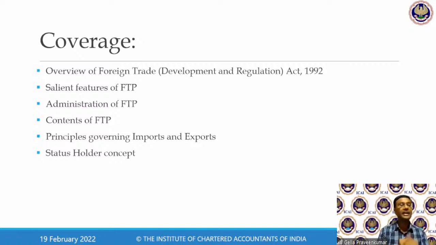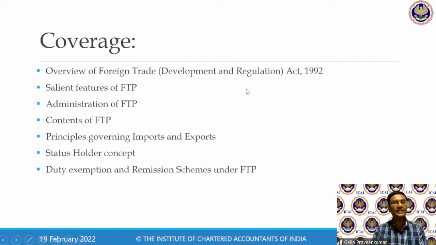That means my proper officer, the customs officer, will freely permit my material for export or import on self-declaration basis. What happens? I declare saying that the contents of that particular box, the contents of this particular consignment are true to the invoice which I have provided. Now, this is a reliance placed on the basis of my status holder.